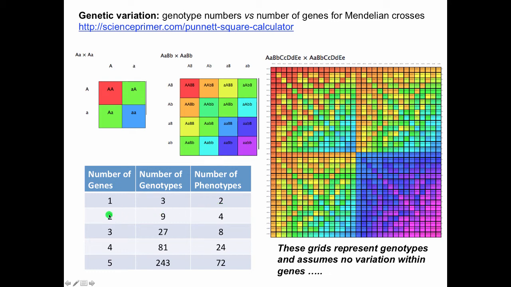If you talk about 2 genes determining a trait, there are 9 genotypes with 4 phenotypes, but look at how complicated it gets if you have something like 5 genes determining a trait. Look at the number of genotypes and the number of potential phenotypes, and this is not even considering how the genes interact with each other or with the environment. This is just simple Mendelian traits.